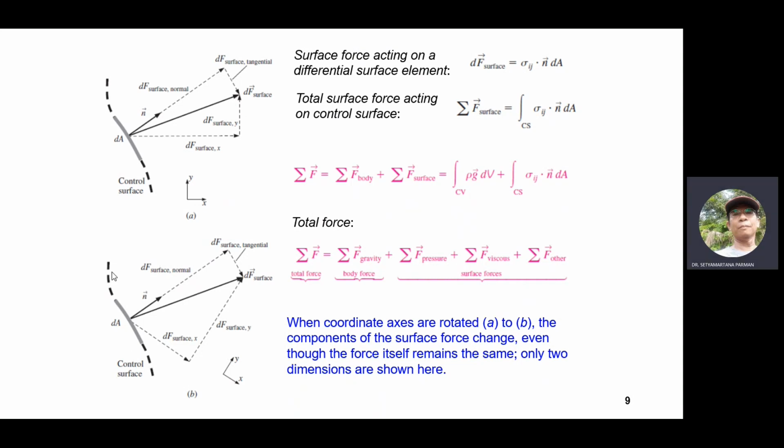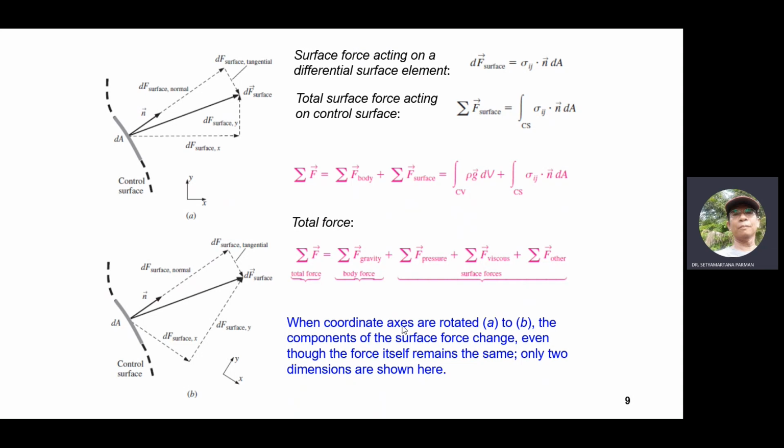In B we use the similar control surface, so the normal force is at the same location, in the same direction, and the forces working on the elemental area equal the case of part A. But in this case, the definition of x and y is rotated counterclockwise by some value.